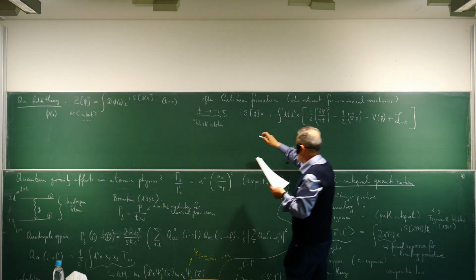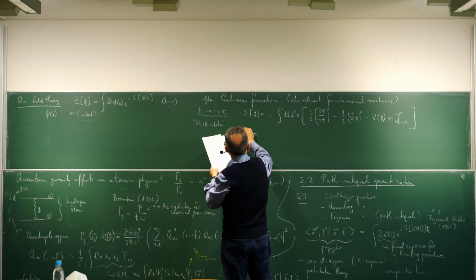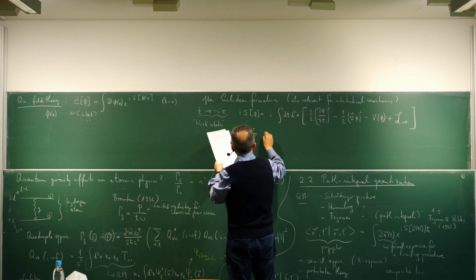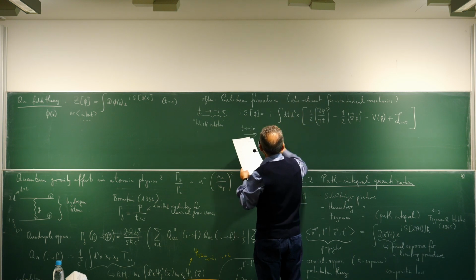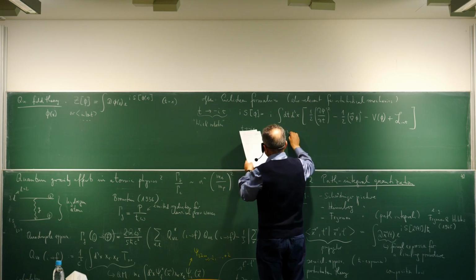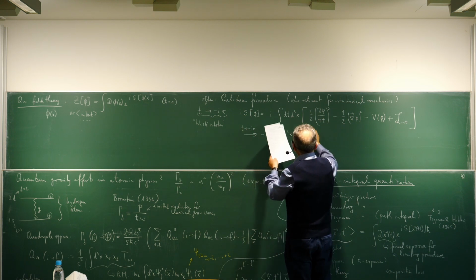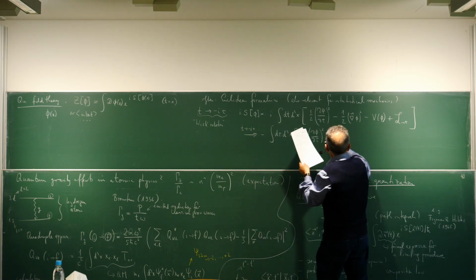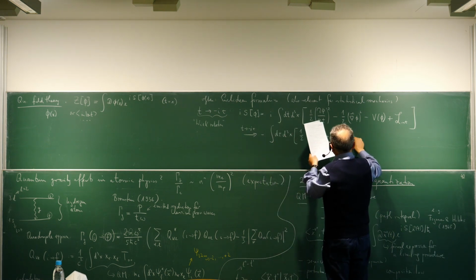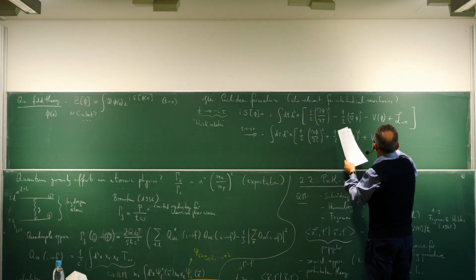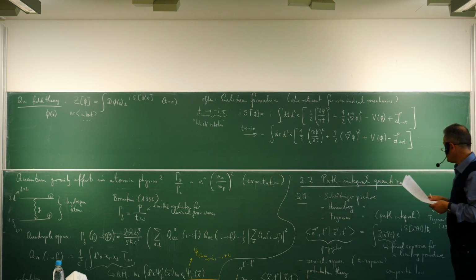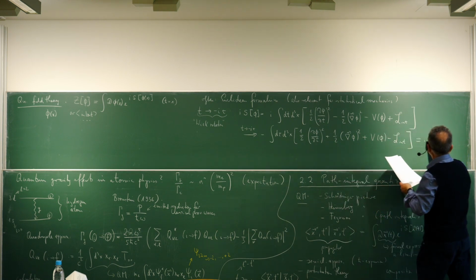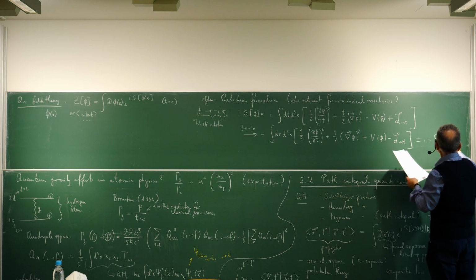And if you make that Wick rotation, as t goes to minus i tau, then you have to do these substitutions, and you find minus integral d tau d3x, 1/2 (d phi over d tau) squared plus 1/2 (nabla phi) squared plus V of phi minus L interaction, which we then call minus the Euclidean action S_E of phi.